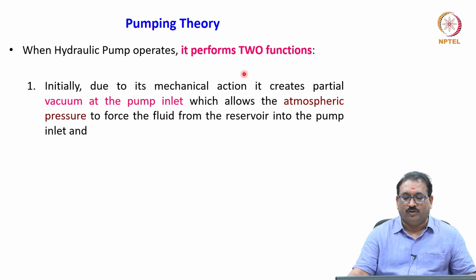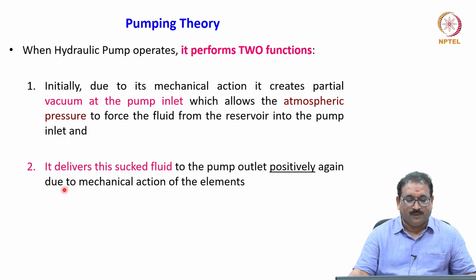Initially, due to the mechanical action, it creates a partial vacuum at the pump inlet, which allows the atmospheric pressure to force the fluid from the reservoir into the pump inlet. This is called suction, and it delivers this sucked fluid to the pump outlet positively, again due to the mechanical action of the pumping elements.